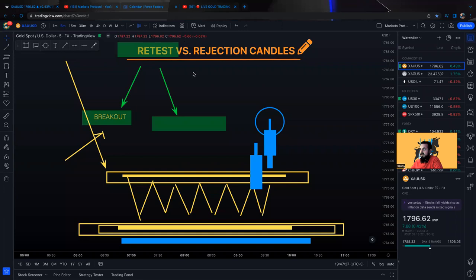We have retested this resistance and turned it into a support as well. That's what happened there.